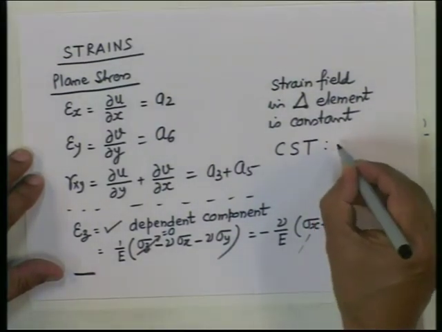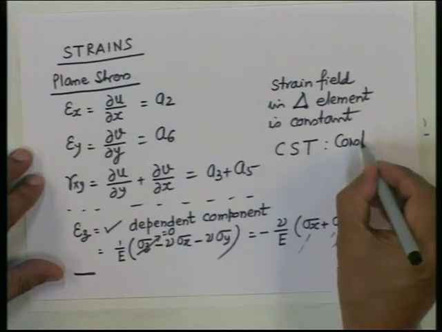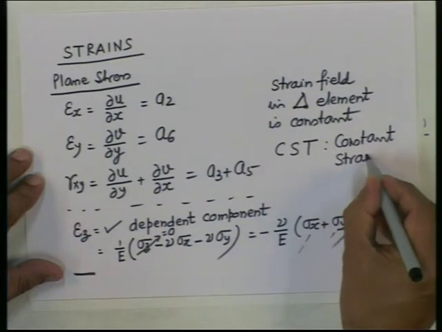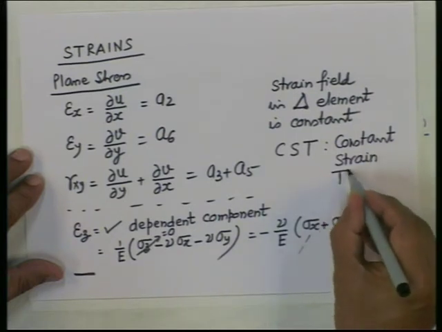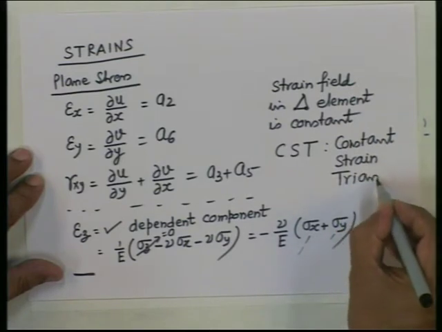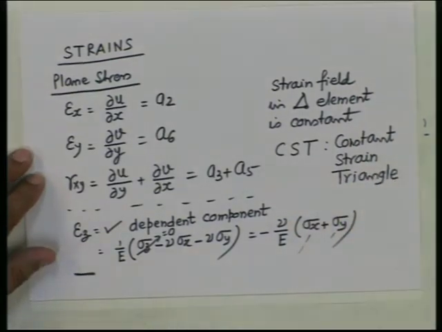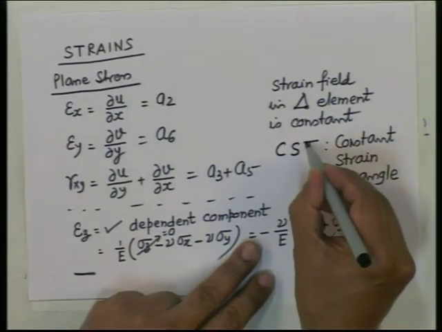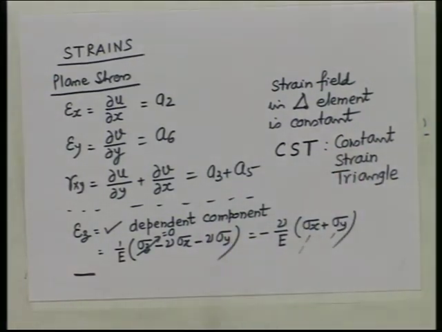CST is the constant strain triangle, CST element. This is a very famous element and it is a simple element, because the strain field is constant.